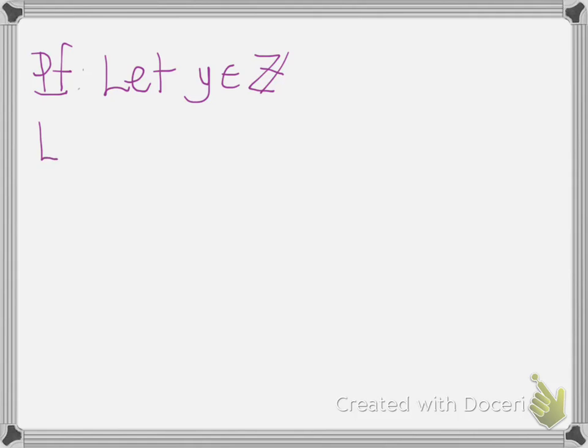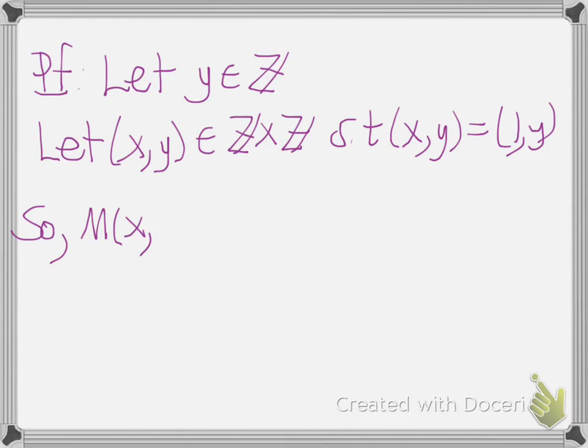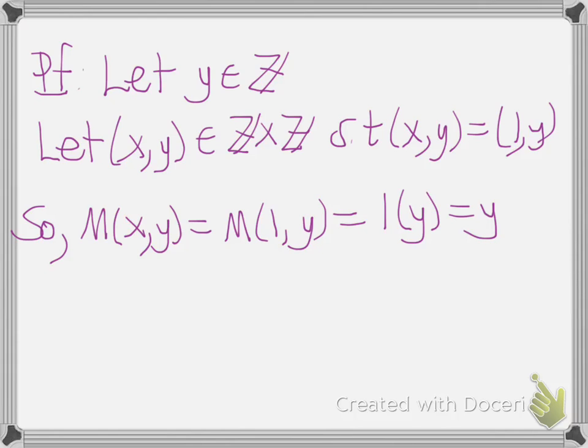Then our second line: let (x,y) belong to Z cross Z such that (x,y) is going to equal (1,y), right? Because x is equal to 1, okay? So M of (x,y) equals M of (1,y), and by what we were given, that equals 1 times y, which equals y. Isn't that beautiful? And we're done. So therefore, M is a surjection.